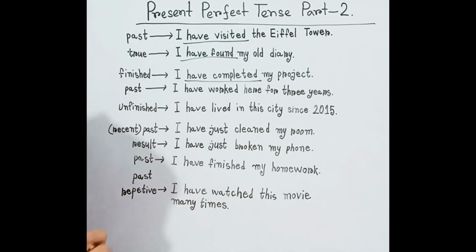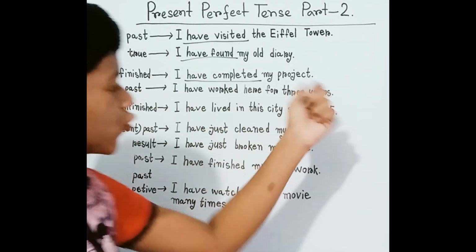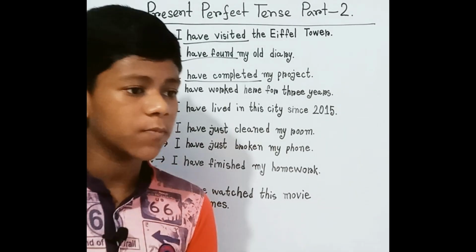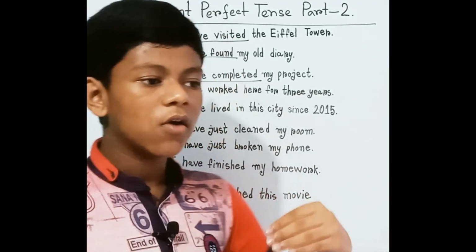The next is, when something started in the past. For example, I have worked here for 3 years. Suppose you were working somewhere for 3 years. You started your work, and you keep working for 3 years. And now, in the present time, you are still doing this.